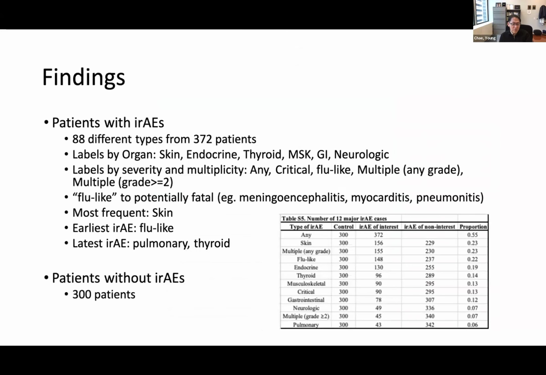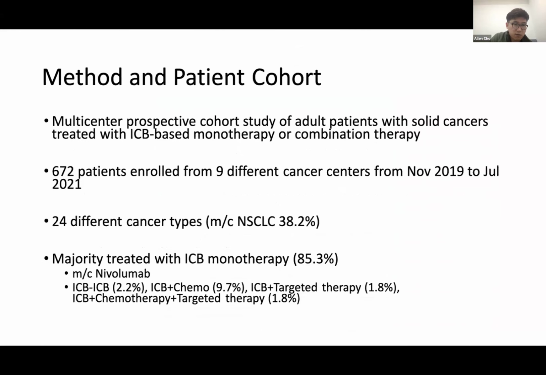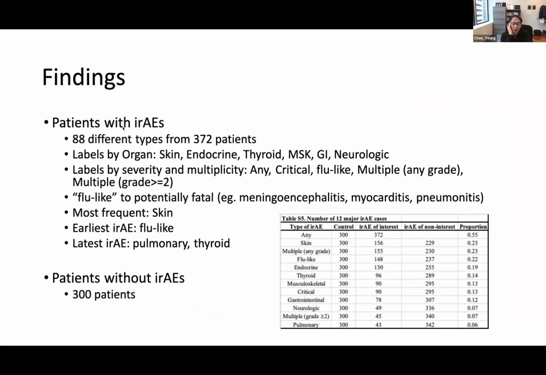I have a question. So those 300 control patients were selected from their database? I don't understand why the control is all 300. Within the 670 patients that they had enrolled into the study, 372 developed side effects. 300 ended up not developing any side effects within the same study group. I see. And then the table control is 300.